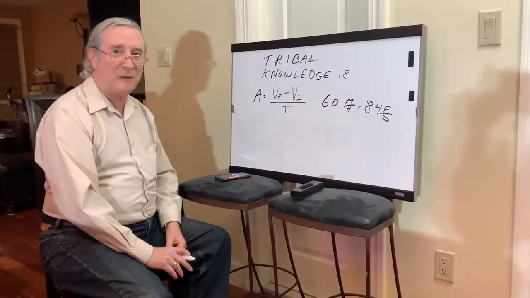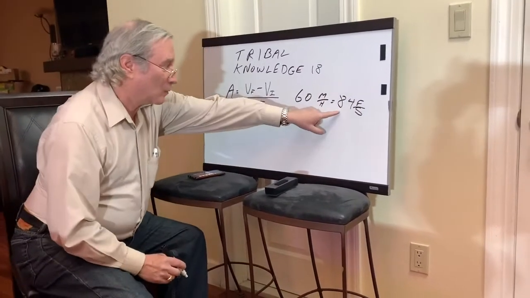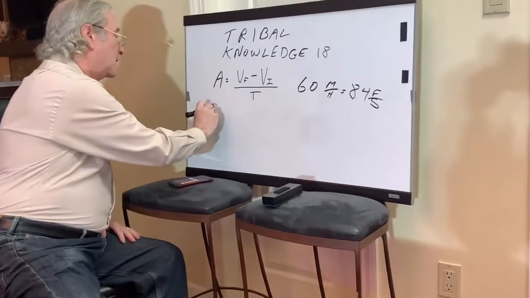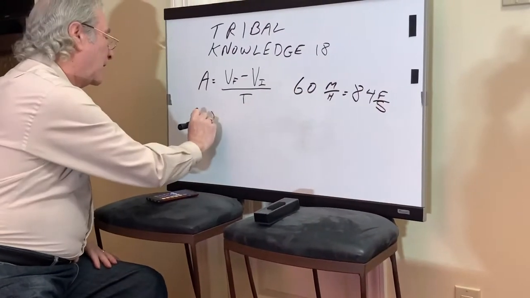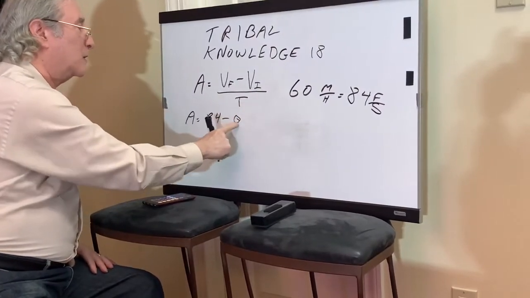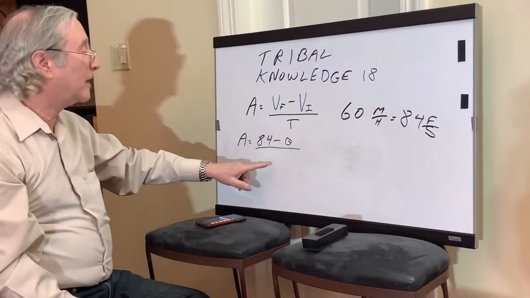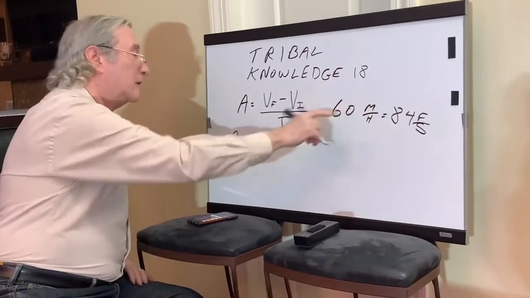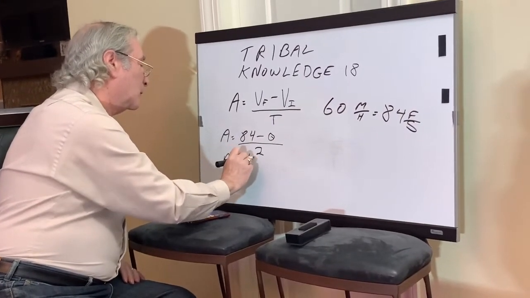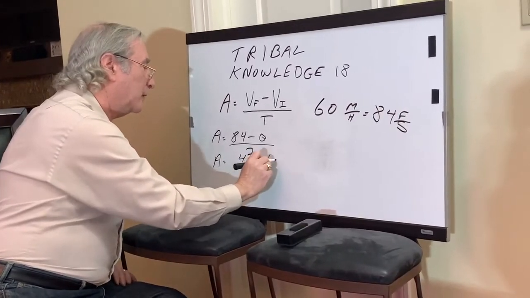If you want to figure out what your acceleration is in G forces, and you want to end up at 84 feet per second, it's A equals 84 minus 0, your initial velocity, which was a standing start, divided by, suppose you have a very fast car like an electric Tesla that goes 0 to 60 in 2 seconds, your acceleration is equal to 42 feet per second squared.